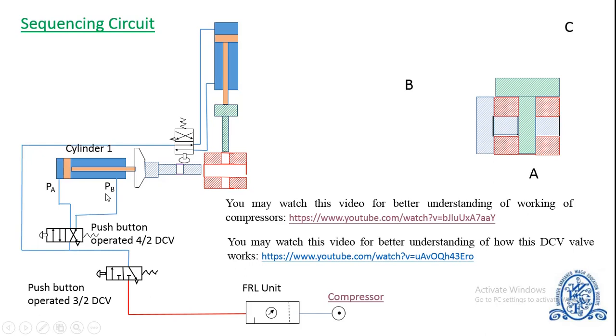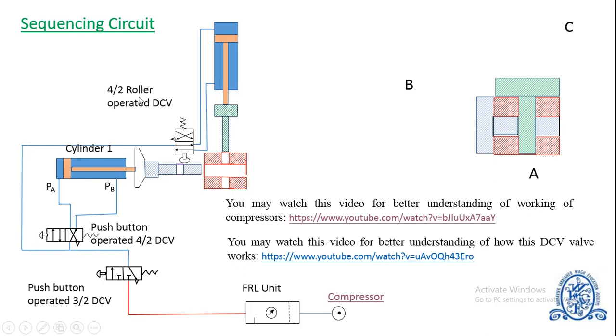In contrast, in case of single acting cylinder, it has only one port for extension which uses fluid power, and the retraction is with an internal spring. The compressed air through this port PA is to pressurize the full bore side of cylinder 1, causing extension, while the compressed air through this port PB pressurizes annulus side of cylinder 1 for retraction.